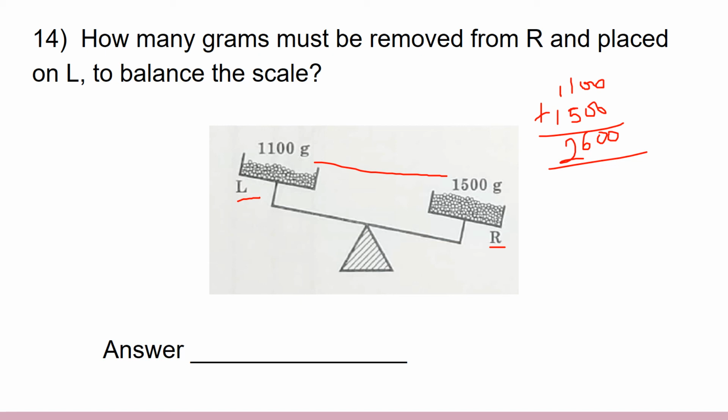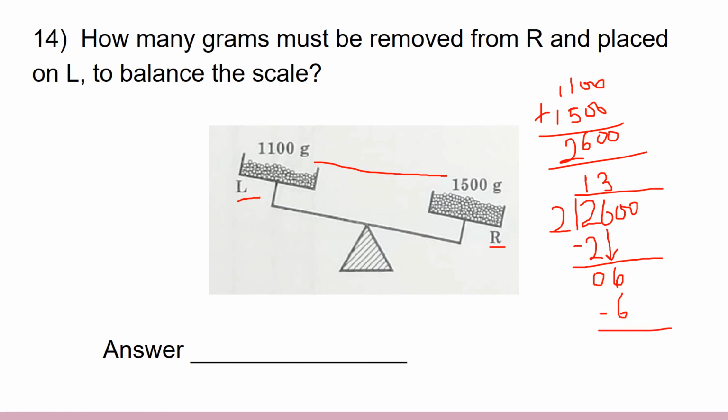The next step is to divide. So we are going to divide 2600 by 2. 2 into 2 is 1. 2 ones are 2. Then we subtract. 2 take away 2 is 0. Then we bring down the 6. We say 2 into 6 is 3. 2 threes are 6. We subtract.